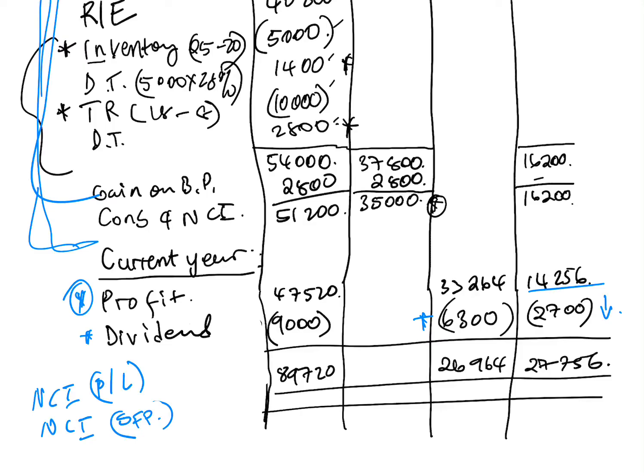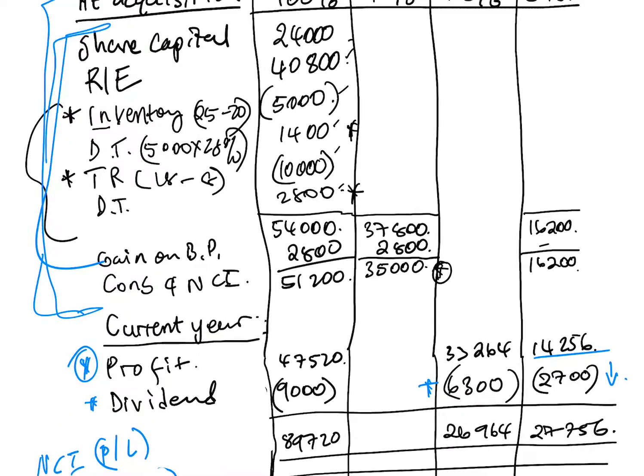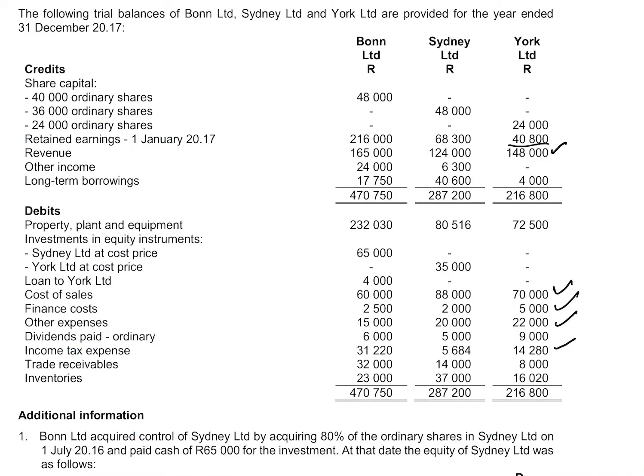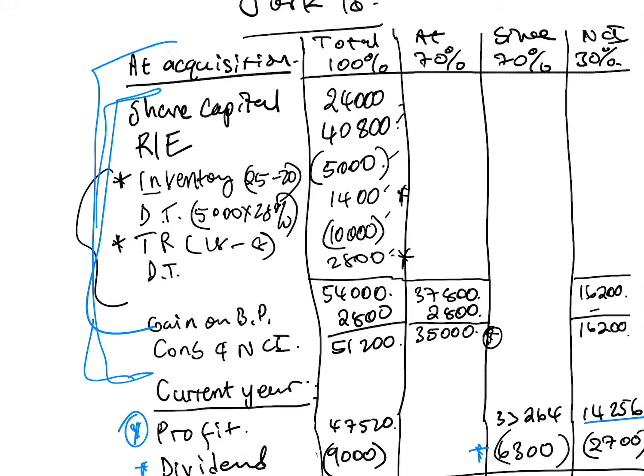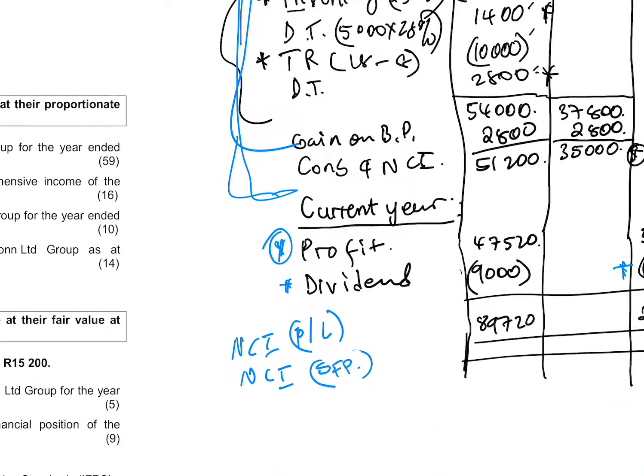So now what we need to do is to create the analysis of the subsidiary, right, which is, what is the name of the subsidiary? The name of the subsidiary is Sydney Limited. Right, so we are going to prepare the analysis of Sydney Limited. Let me prepare it just below.